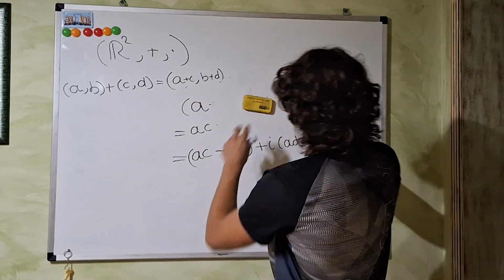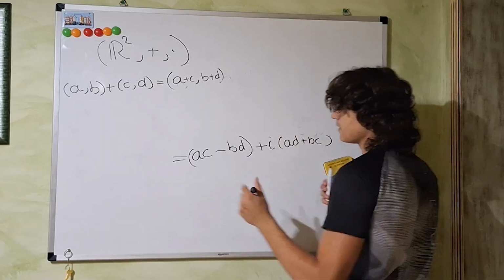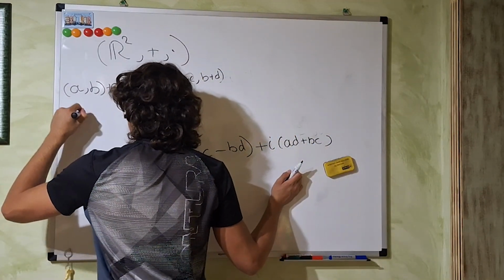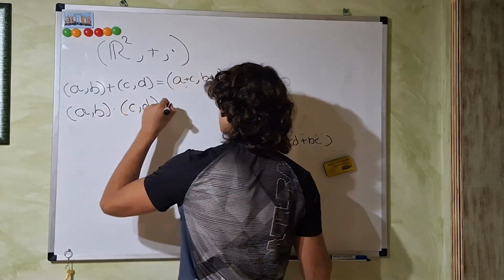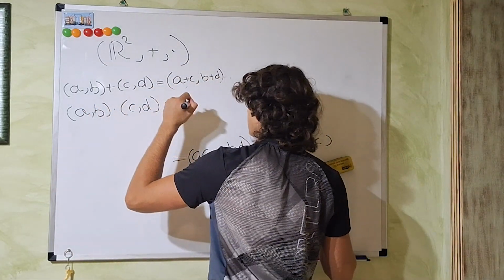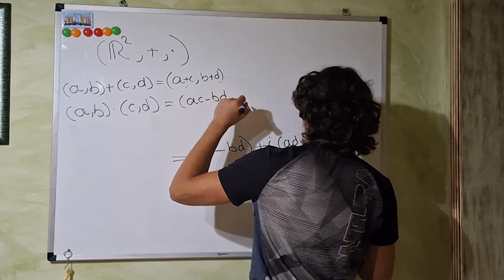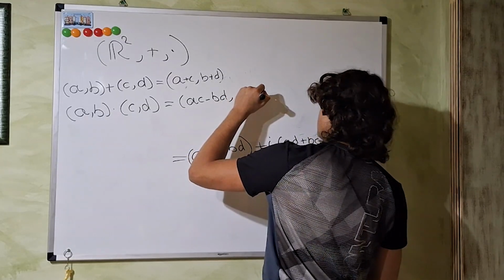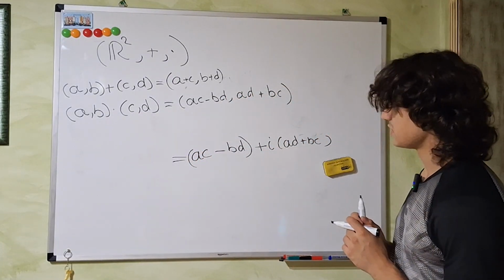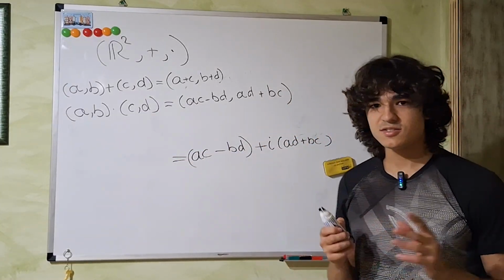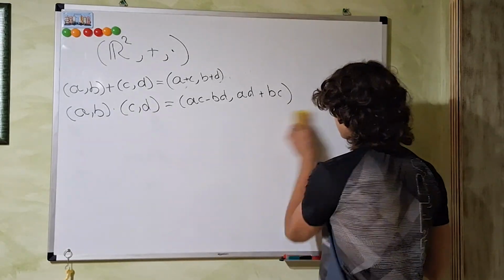So if we have (A, B) times (C, D), this equals (AC minus BD, AD plus BC). This is the rule for multiplying two complex numbers, and you see this is not the usual vector product. This is something new that only belongs to complex numbers.